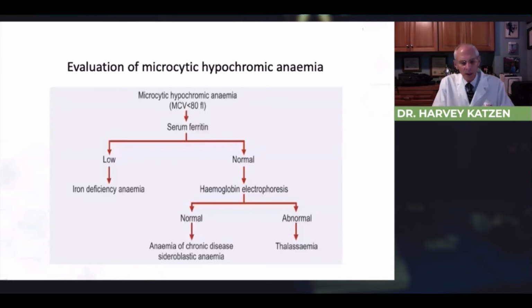Women with heavy menstrual periods, people with gastrointestinal bleeding. If the ferritin level is normal, yet it's a hypochromic anemia, it could be something such as thalassemia, which forms smaller red blood cells, or even what's called anemia of chronic disease, such as chronic inflammation.